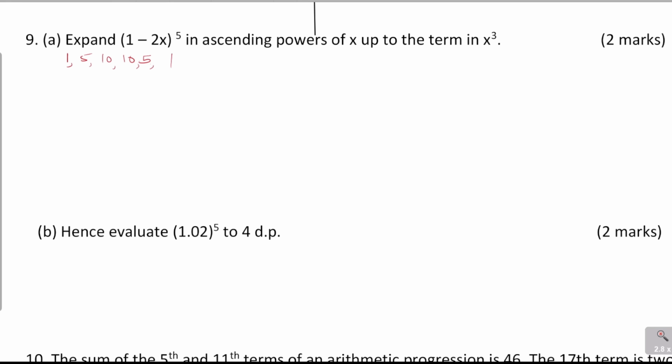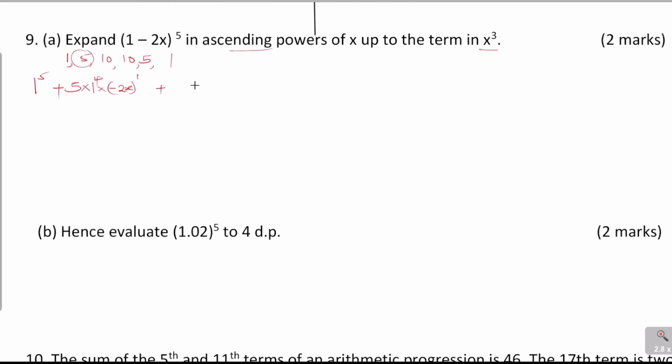But remember, we are expanding these in ascending powers up to the term in x cubed. So the first one is 1 to power 5. Then plus the second one, take the coefficient 5, multiply by 1 to power 4, and then negative 2x to power 1.